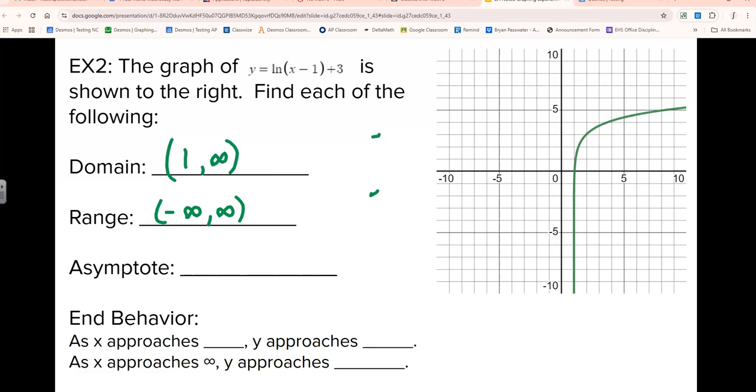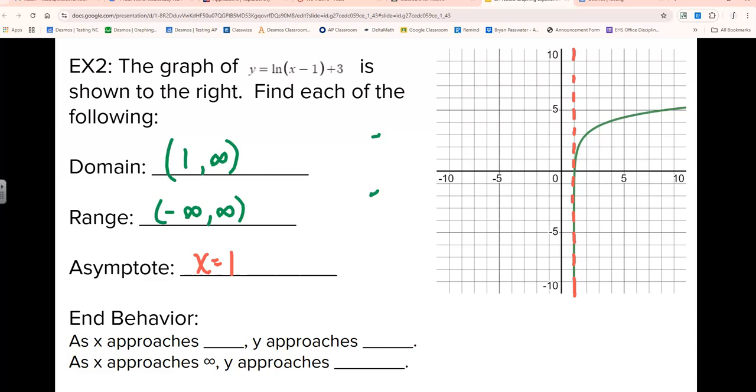So we're looking at a vertical line where this graph just never passes it. If I draw it in over here, it's right here, and it is at 1. Is it x equals 1 or is it y equals 1? It's x equals 1 for your asymptote. X equals is going to be the vertical line.